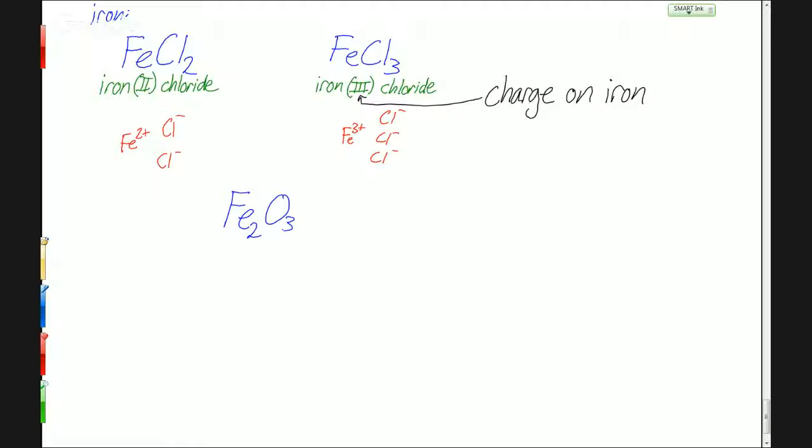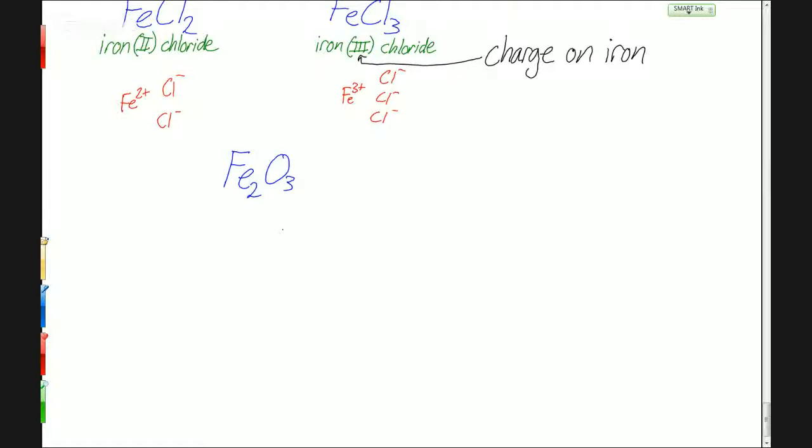That's the next row over from the -1s is the -2s. So if oxygen is -2, what does iron have to be to balance that out? +3, right. If we have 3, and you can always write these out if you don't see that. If you got 3 -2s, you need 2 +3s to balance that out.